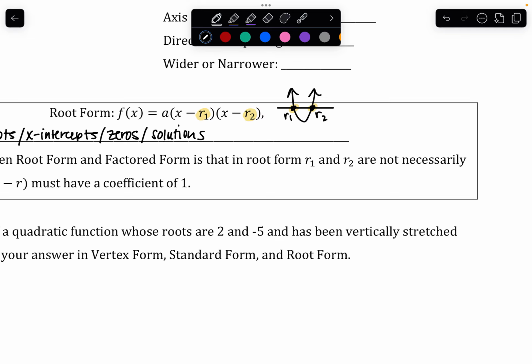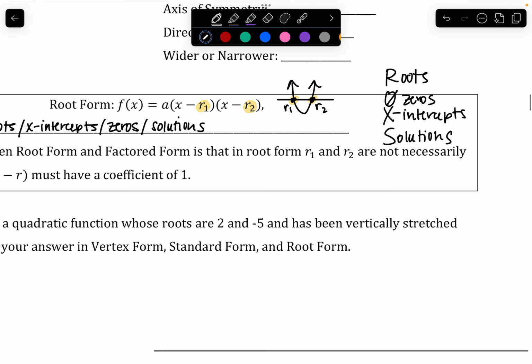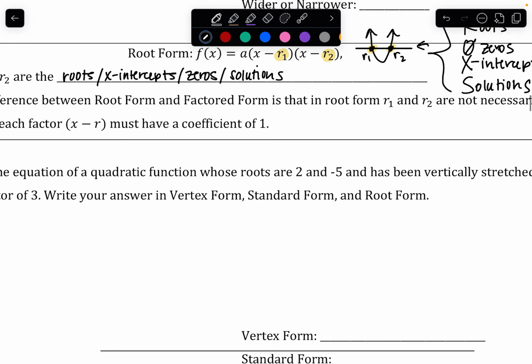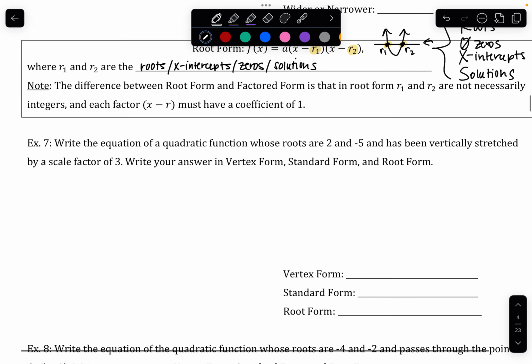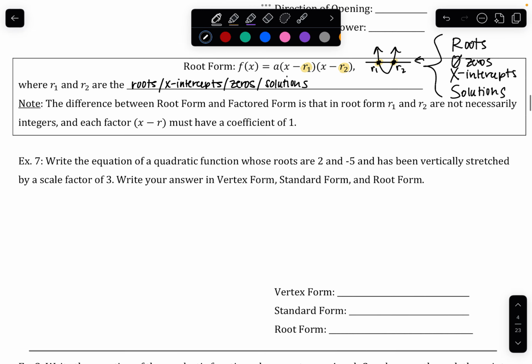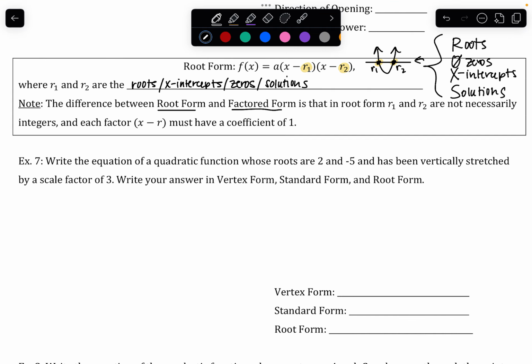And so an abbreviation we talk about in Algebra 1 is ROCs: roots, zeros, x-intercepts, solutions. Okay, ROCs. They all refer to the x-intercepts. There is one difference between root form and factored form.